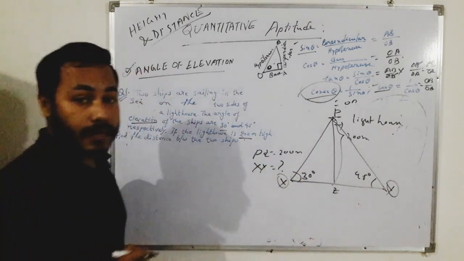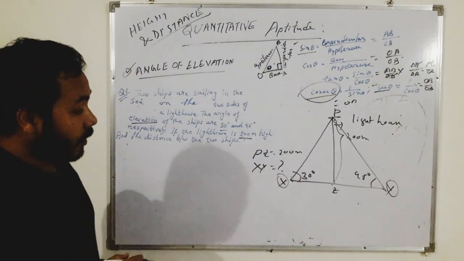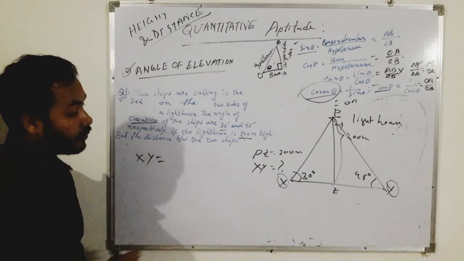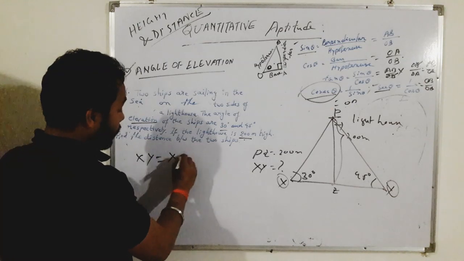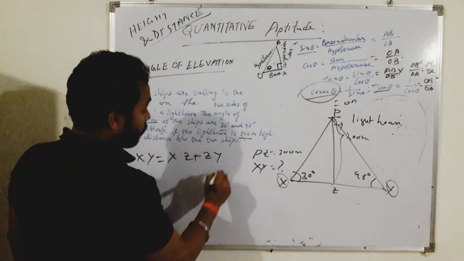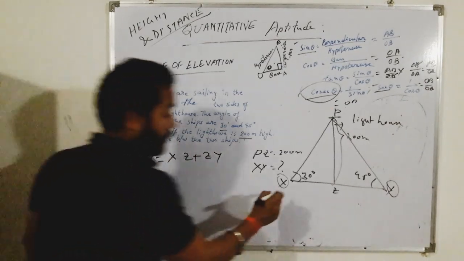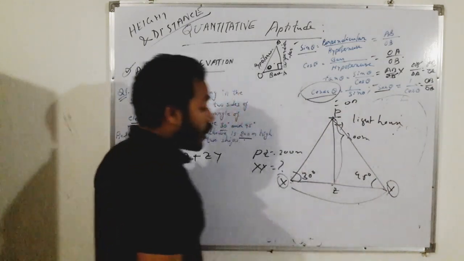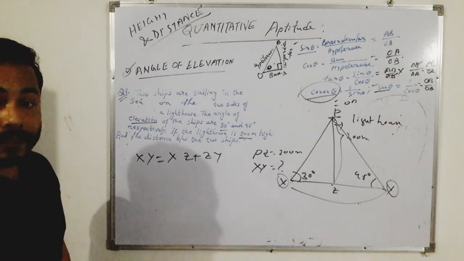That is, we need to find out XY, isn't it? So XY can be written as XZ plus ZY. Can I? Of course, because this is XY, and XY can be written as XZ plus ZY. Why am I trying to write it like this?